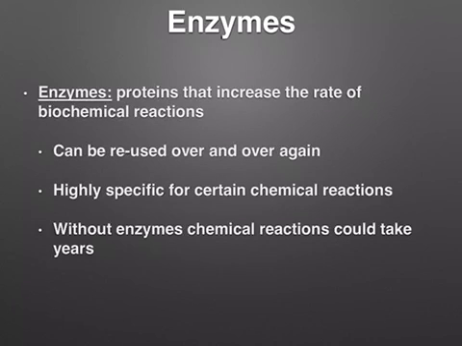They don't get burned up in a chemical reaction. And they're very specific. Enzyme A will only work for reaction A. Enzyme B will only work for reaction B. They are lock and key kind of specific.